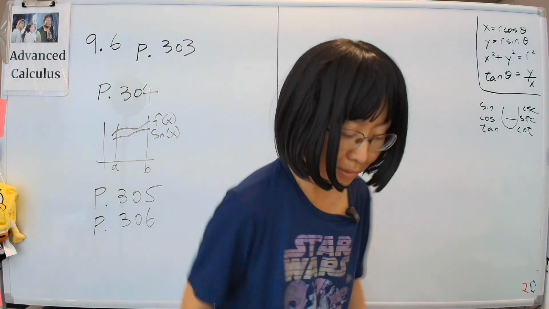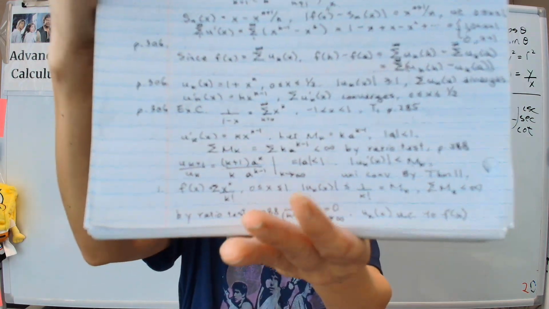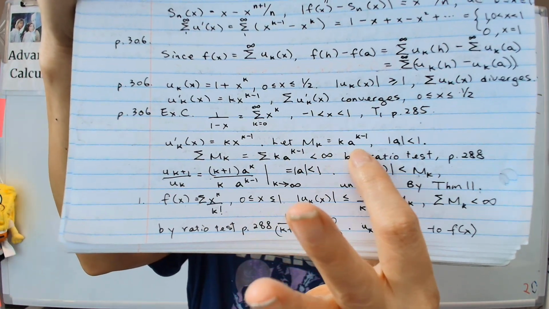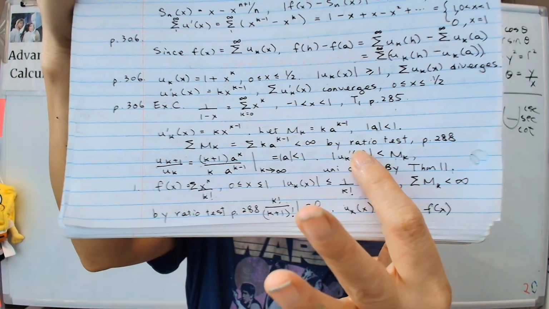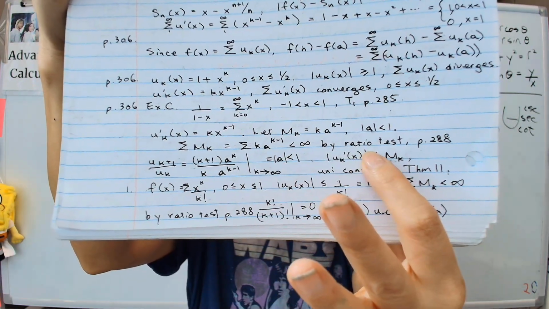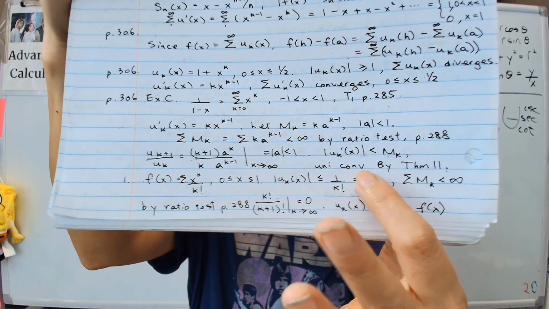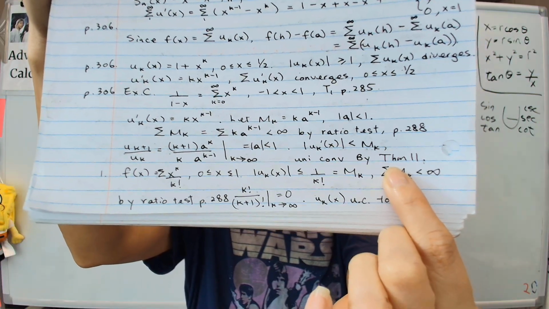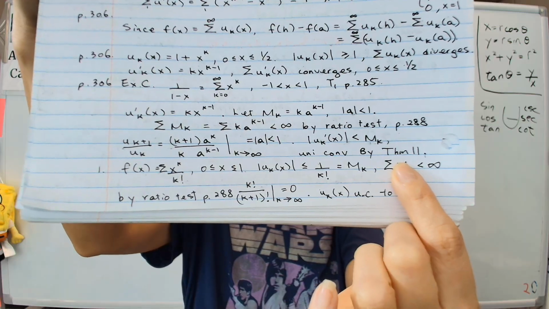And now please prove this yourself, as I have done here, to show that it converges uniformly. Especially, the book gave us a hint. Let M_k equal to this thing, and then you can prove by the ratio test that this does work. Therefore, it is uniformly convergent by the Weierstrass M test. That is theorem 11. So that's that.